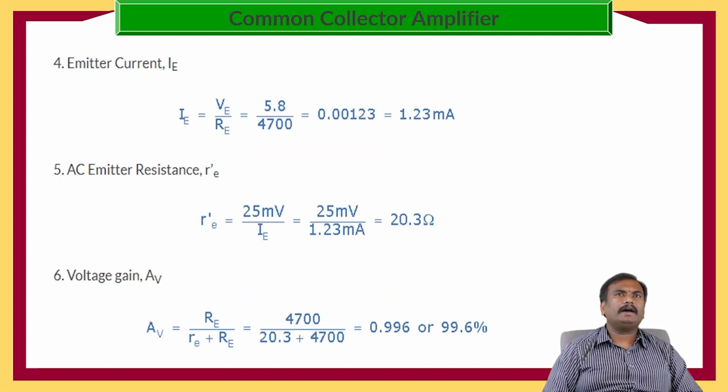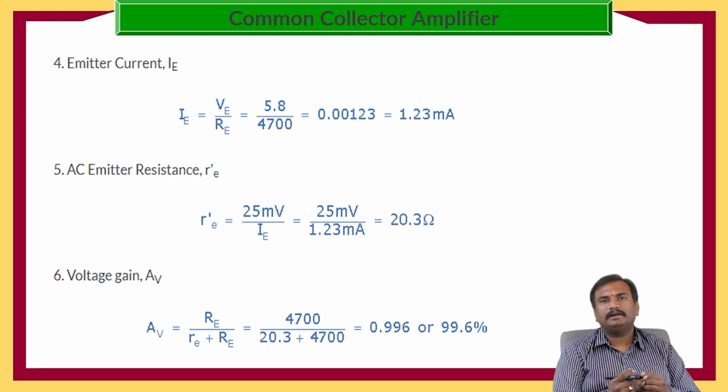And the emitter current IE is equal to emitter voltage by emitter resistance, according to Ohm's law, where Ohm's law states that voltage across any conductive material is proportional to the current flowing through it, where current is equal to the voltage across the conductive material divided by the resistance of that particular material.